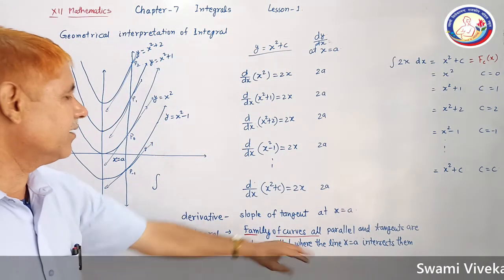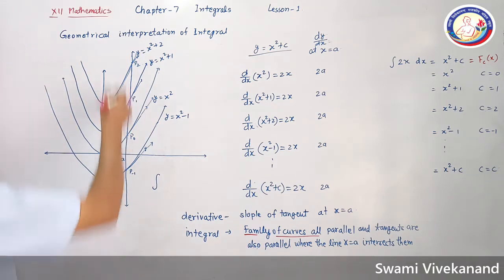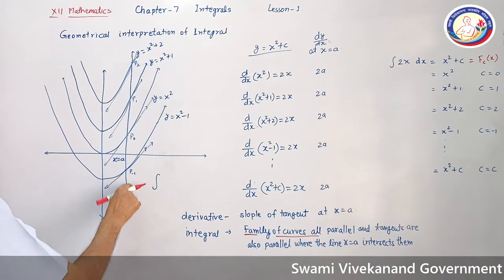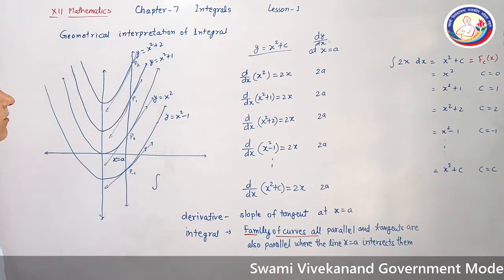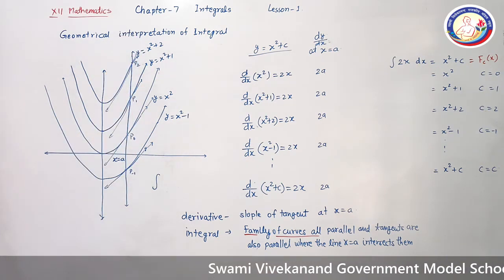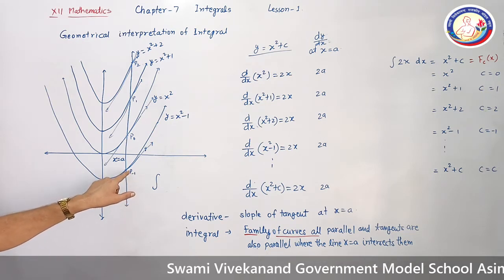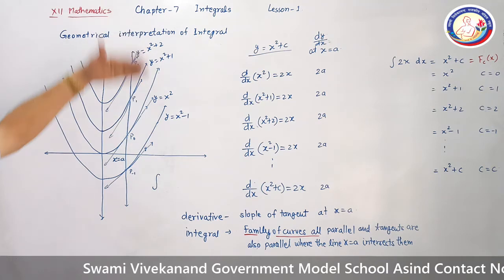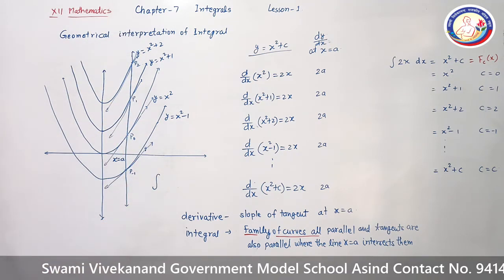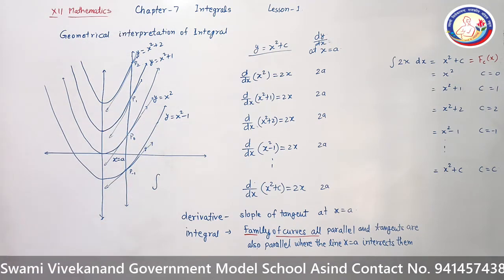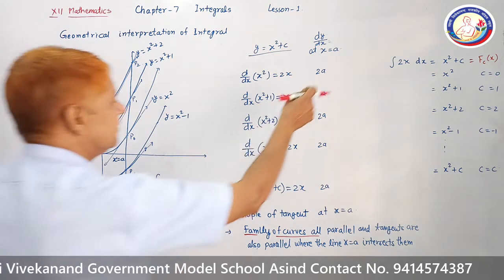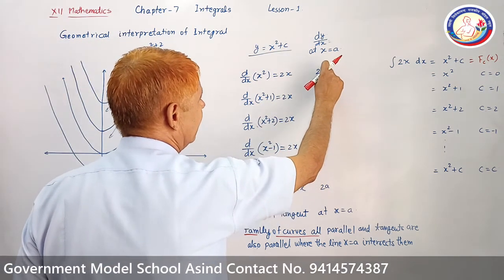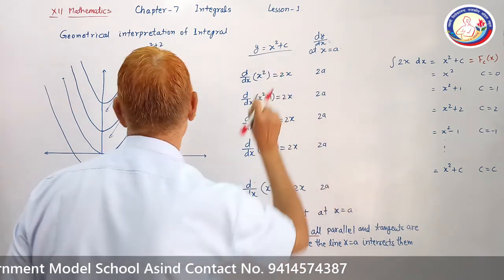Second outcome of this: if we draw a line x equal to a, it will intersect every member of this family of curves. It will intersect each curve at a point, say P0, P1, P2, P3, P minus 1, P minus 2. If we draw a tangent there, as it is obvious, the slope of the tangent at x equal to a is 2a for this function.